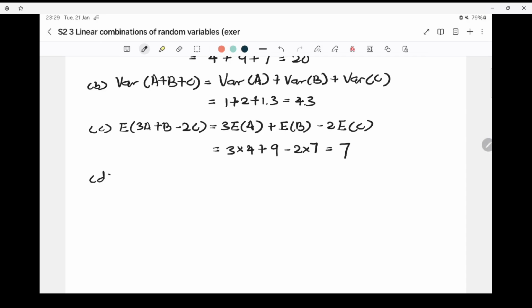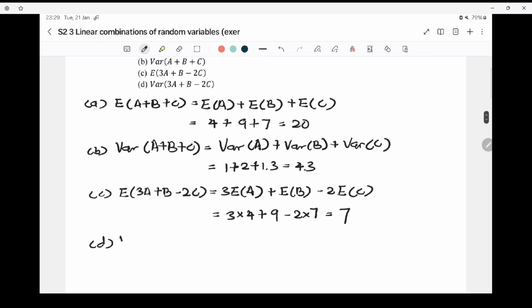So part D, you want to find the variance of 3A plus B minus 2C.